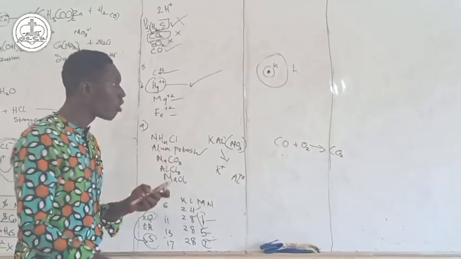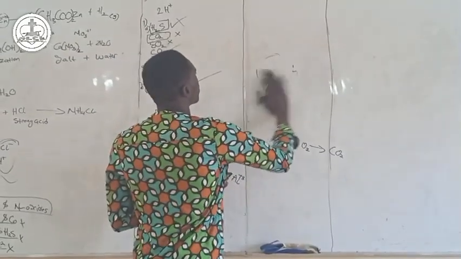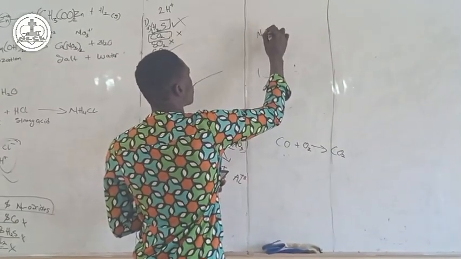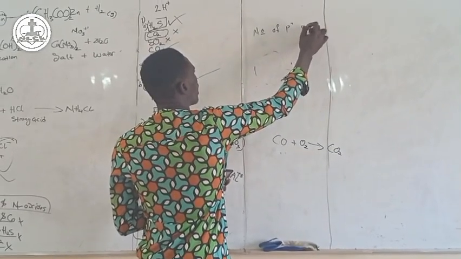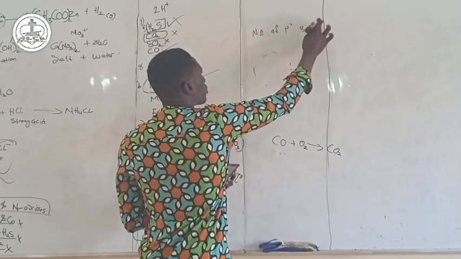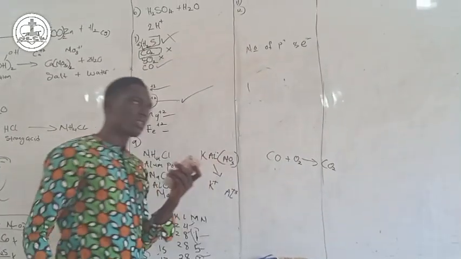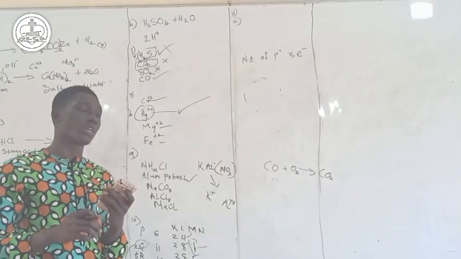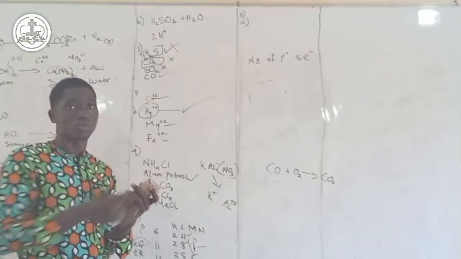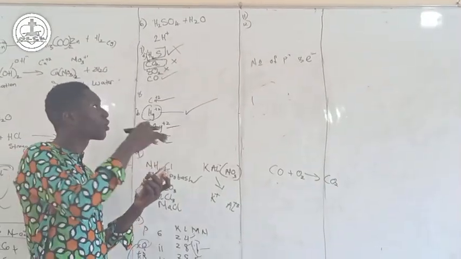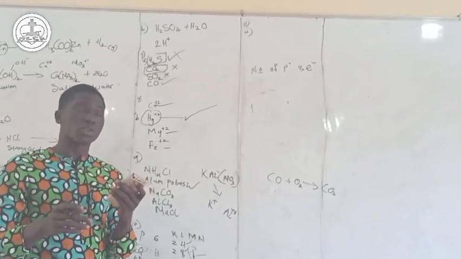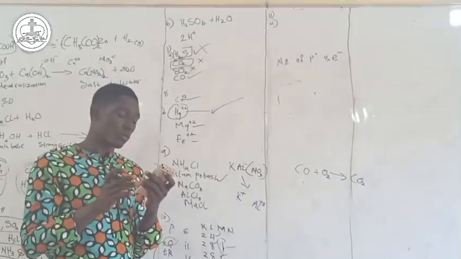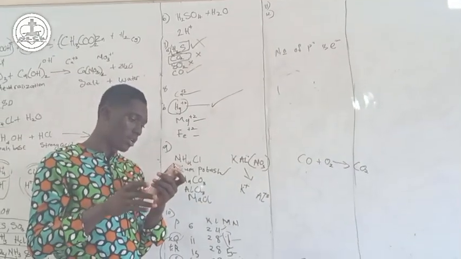It says the number of protons and electrons. In a stable atom, there are equal numbers of protons and electrons. So the number of protons and electrons in an atom gives us the atomic number of that element.